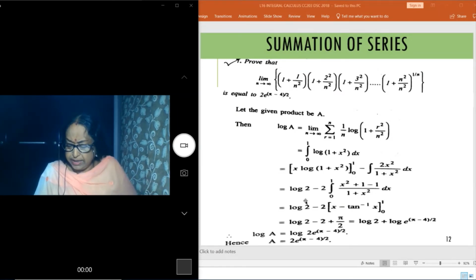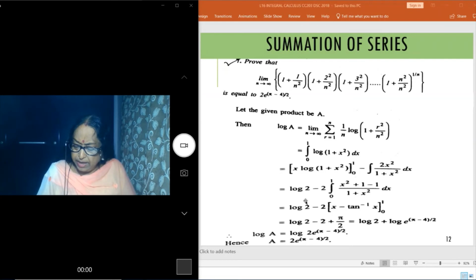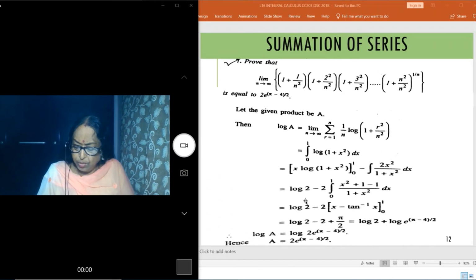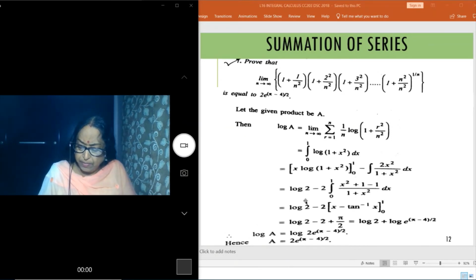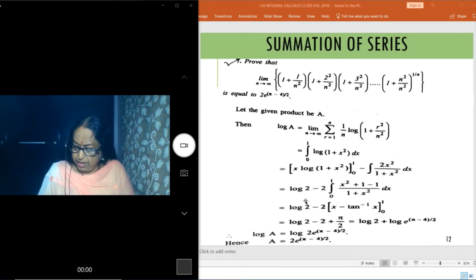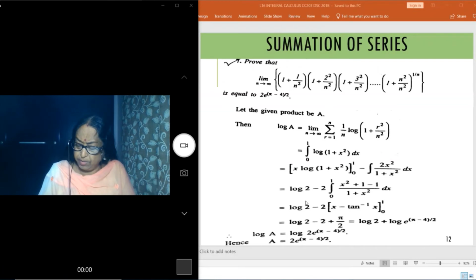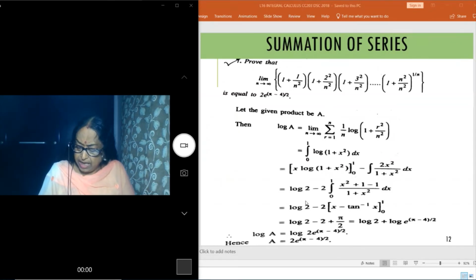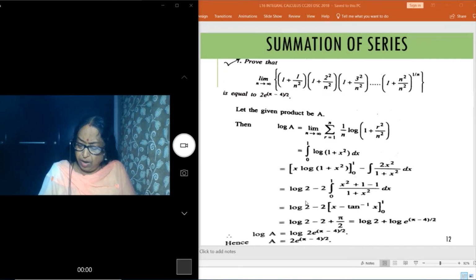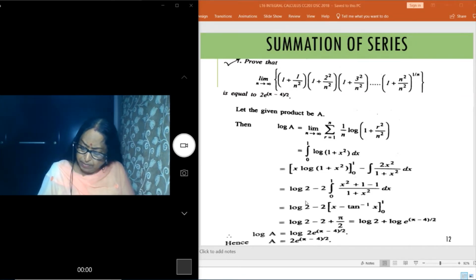Now, example 7, limit n tends to infinity, (1 plus 1 by n square) into (1 plus 2 square by n square) into (1 plus 3 square by n square). Taking log on both sides, we can say that log a is equal to 1 by n, because they are all multiplied.